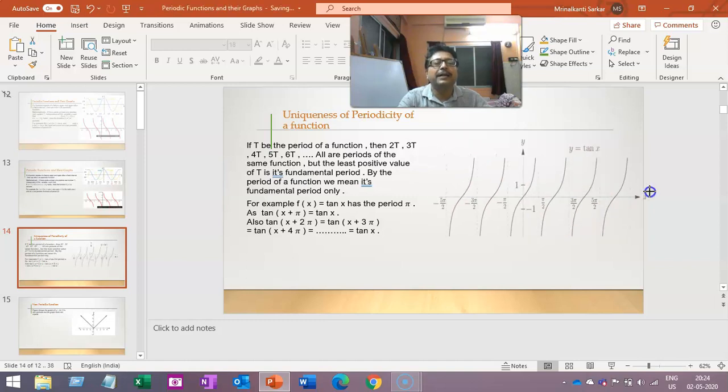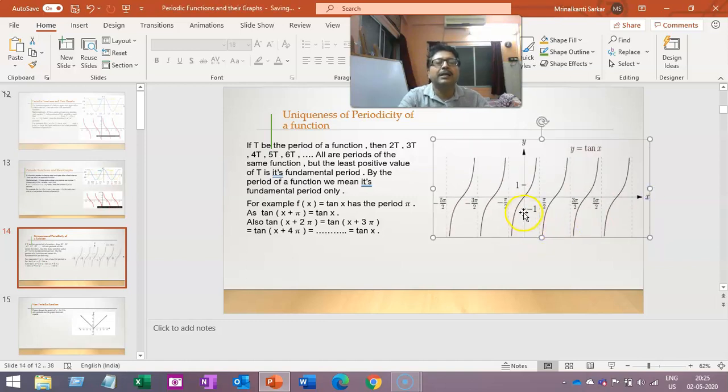In the graph of tan x, you can see that it is repeating from minus pi by 2 to pi by 2. If you go from minus pi by 2 to pi by 2, the nature of the graph is the same as that from pi by 2 to 3 pi by 2. So this is periodic, of course. The length of the period is this value minus this value, that is pi. In the previous example, sin x or cos x, the period was 2 pi. Here the period is going to be equal to pi. This is a periodic function.